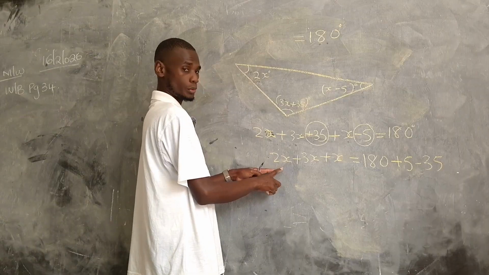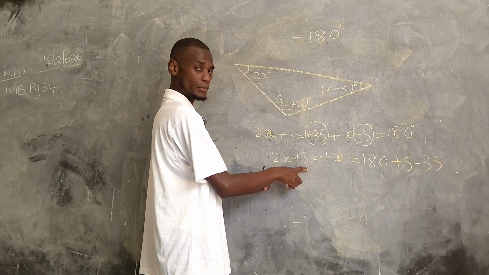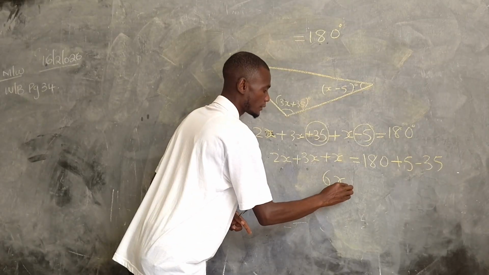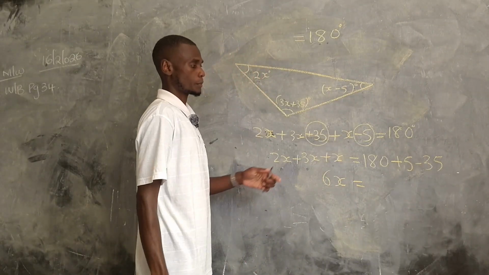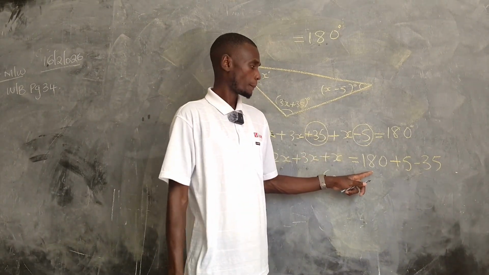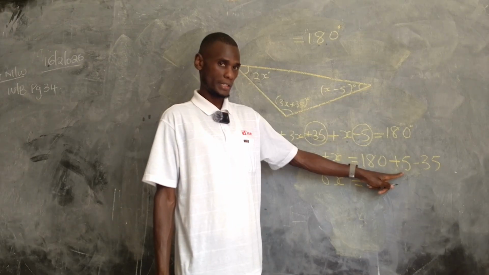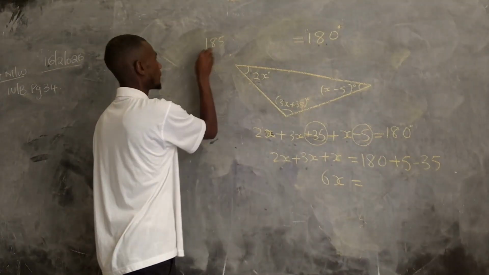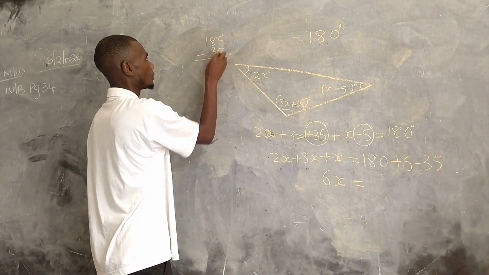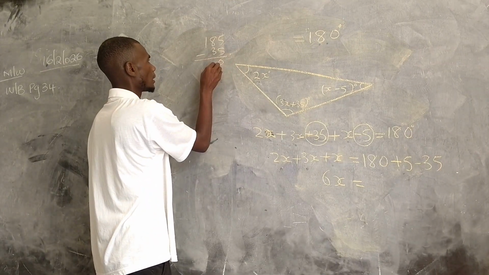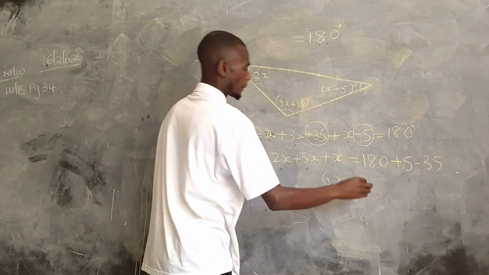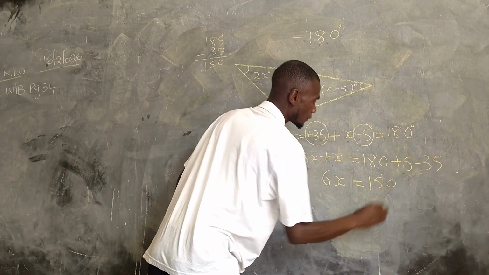So you have 2x plus 3x, that is 5x, plus 1x, that is 6x. So this side we have 6x is equal to 180 plus 5, that is 185. So 185 minus 35, you get 150.